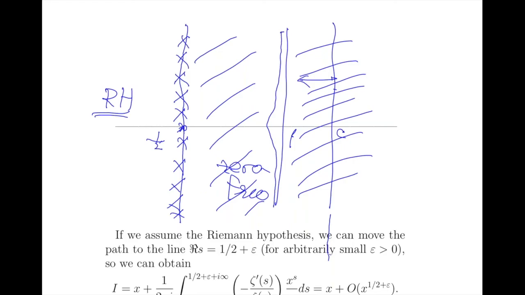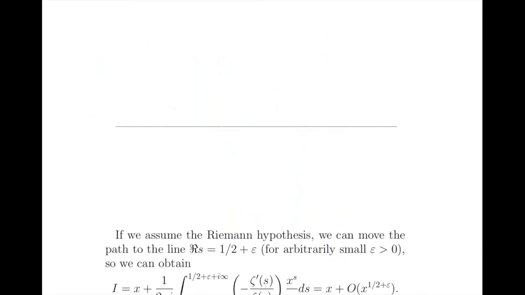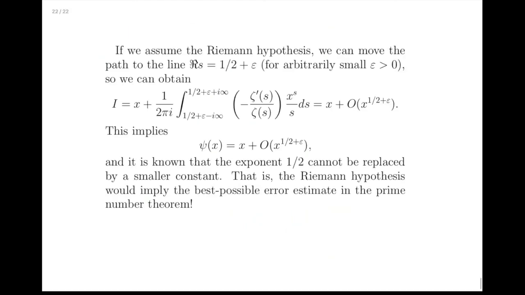So if we can move the path of integration here without encountering the zeros of the zeta function, then we can argue similarly as above, and finally we obtain a result that is much better than the present form of the prime number theorem. That is, psi(x) is equal to x plus O of x to the 1/2 plus epsilon.